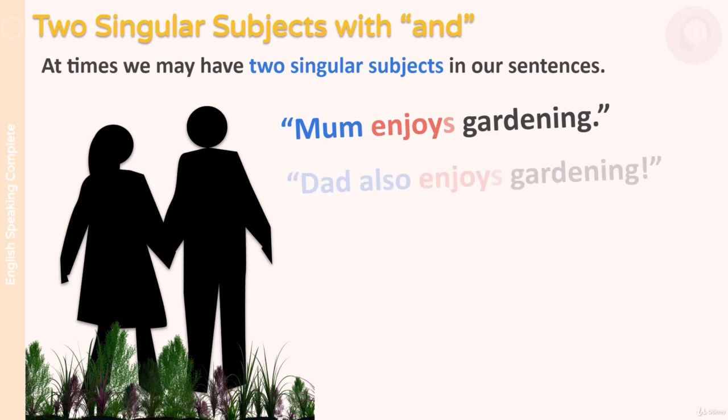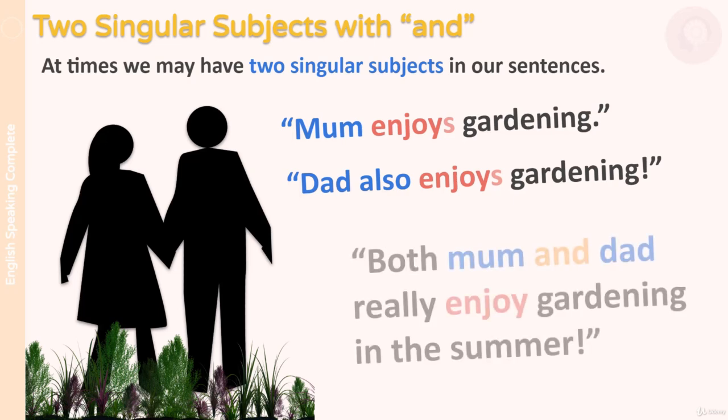Perfect. Dad also enjoys gardening. Now let's link the two subjects together with and. Both Mum and Dad really enjoy gardening in the summer. So two singular subjects, and then we need to use the plural verb form. Here we have enjoy, instead of the singular, enjoys.